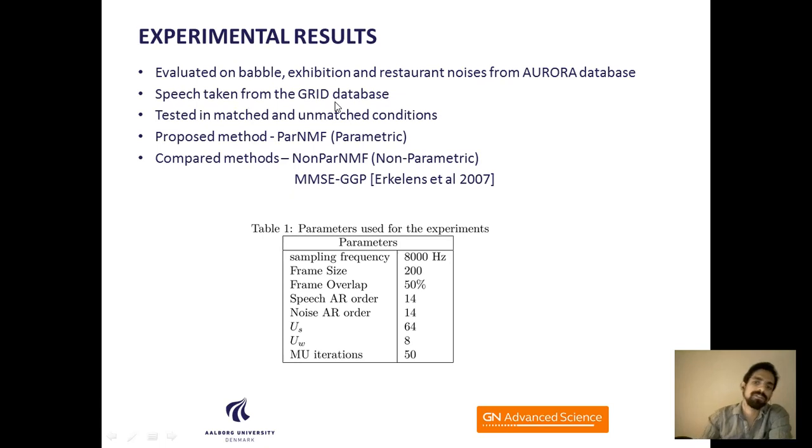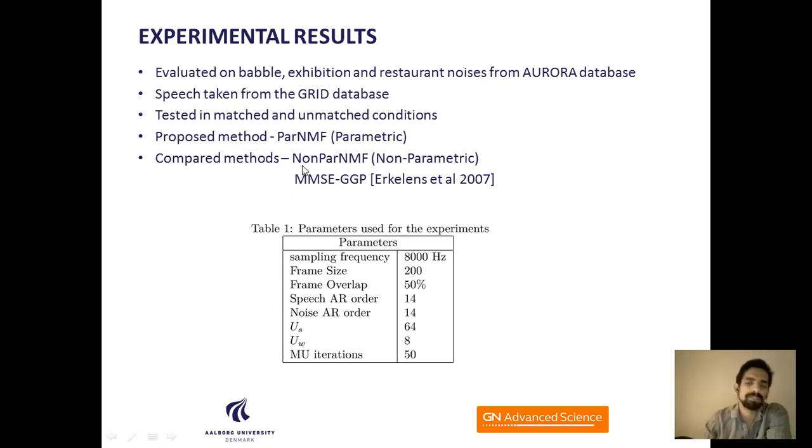So the matched conditions refer to the case where we train our system for the same speaker and the same noise type that we test on, whereas in the unmatched conditions the system has been trained on a general set of speakers and noise types, and the noise type and the speaker that we use for testing is not included in this training set.